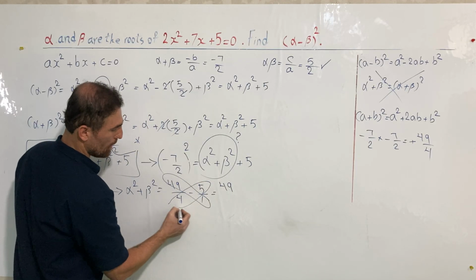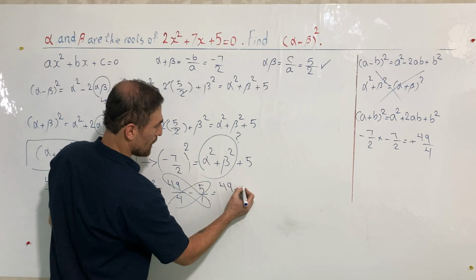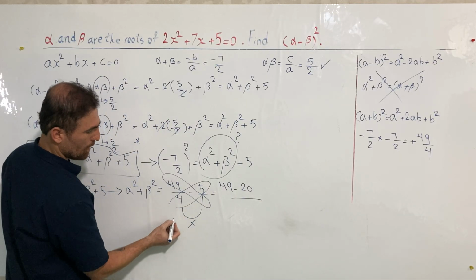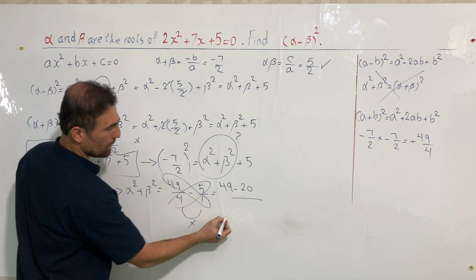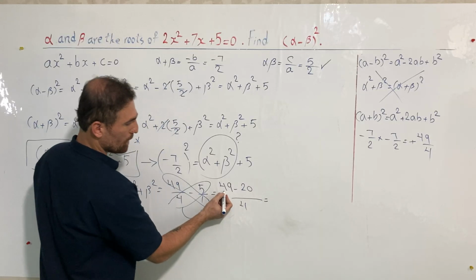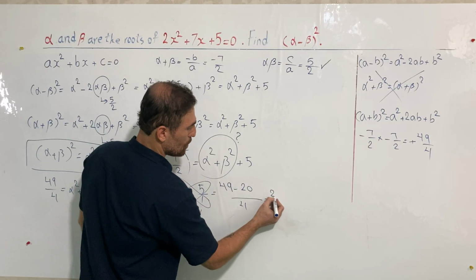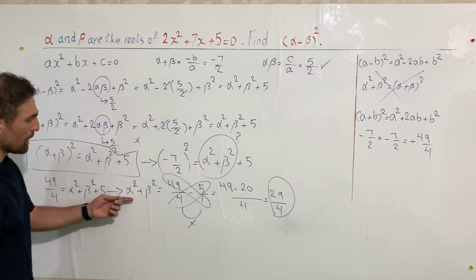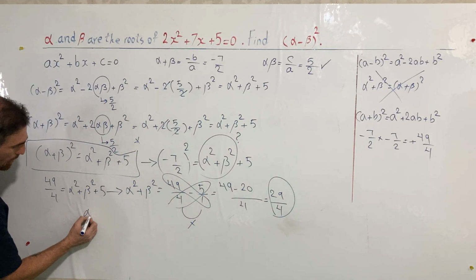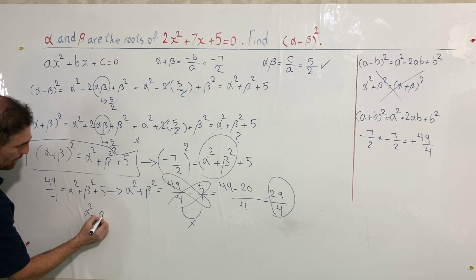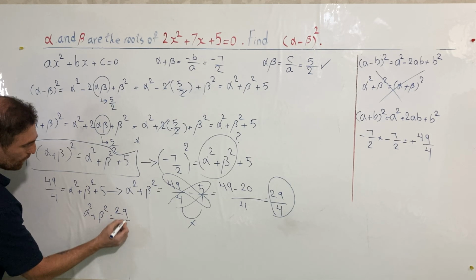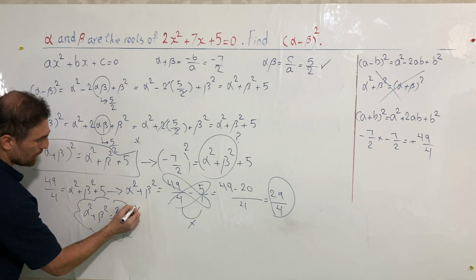This 4 times 5 is going to be 20. 4 times 1 is going to be 4. So 49 minus 20 is 29 over 4. This is the value of alpha squared plus beta squared, 29 over 4. Let me keep it here.